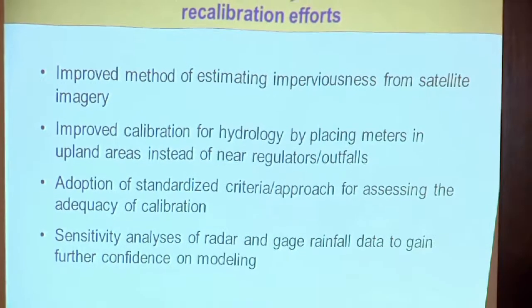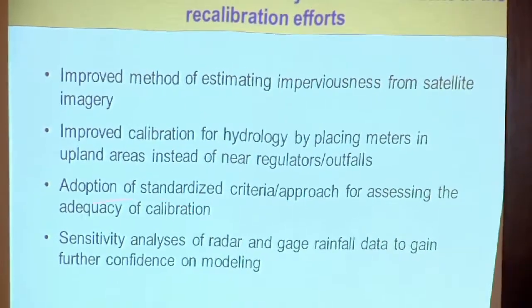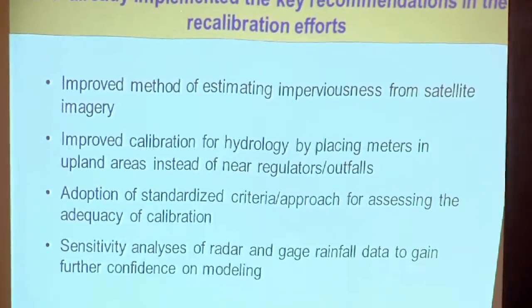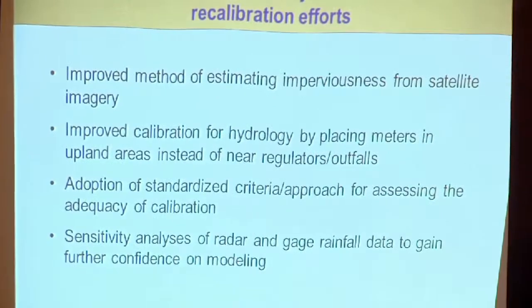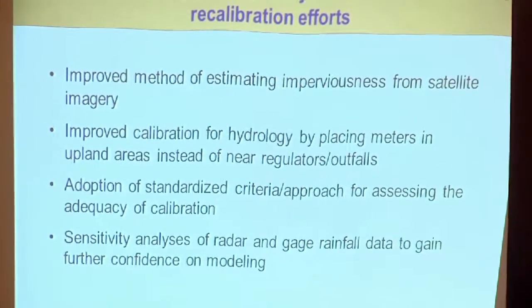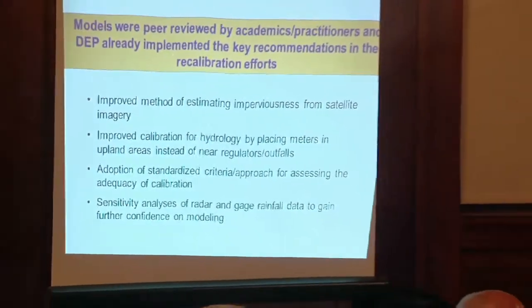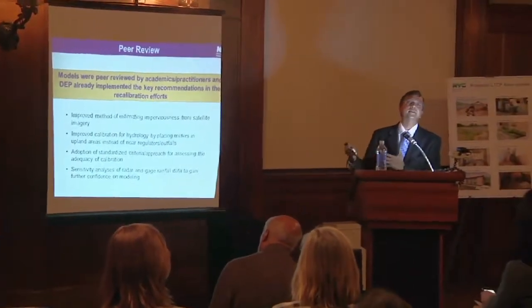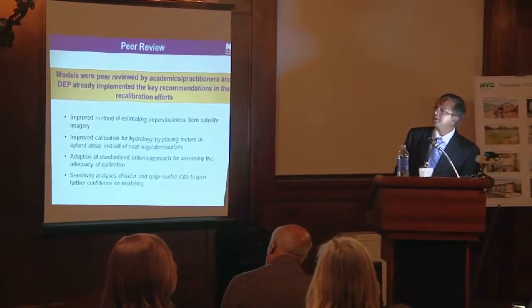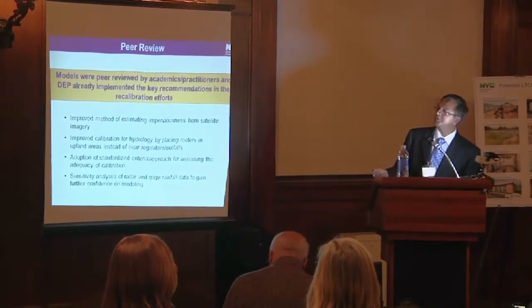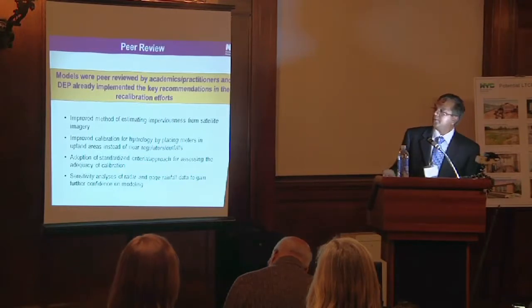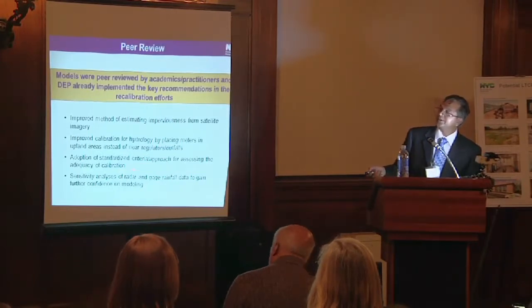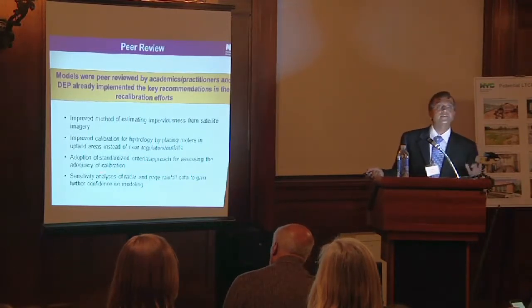And then improved calibration based on hydrology, meaning they recommended putting flow meters well upstream in the watershed, so you're able to capture the hydrology behavior. Most of our previous metering was near the regulators or well downstream. Another recommendation was adopting a standardized methodology for assessing the adequacy of calibration.